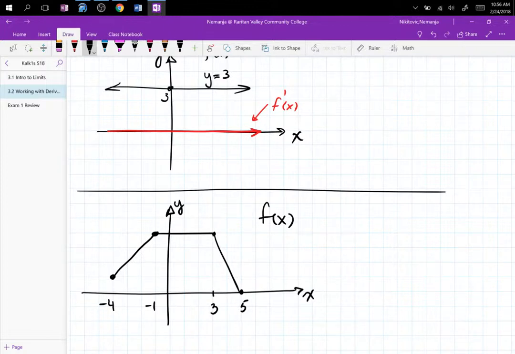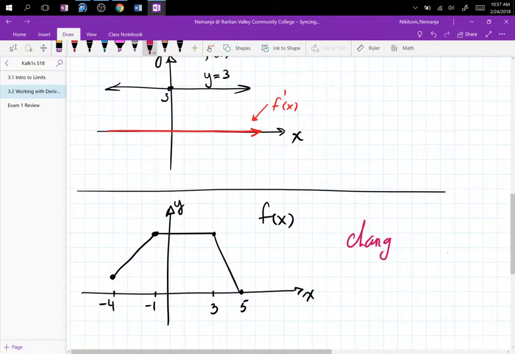What is the change between -4 and -1? We have the interval from -4 to -1. What is the change there? 1. You know that the change, let me write this in blood, change is the slope.